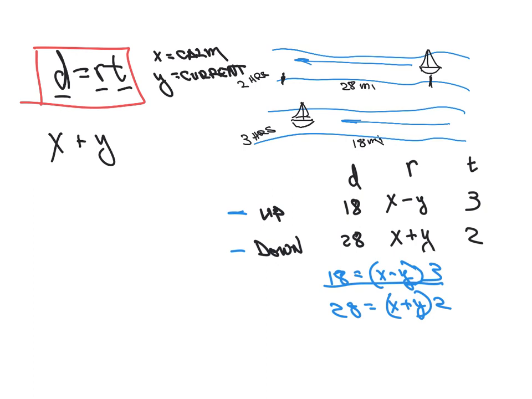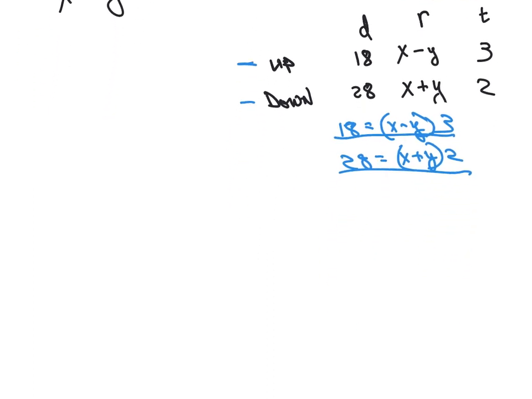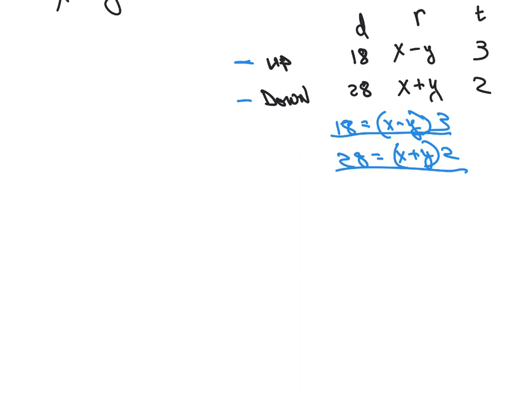Let's take both of these equations and move them to the left, and switch some things around. I'm going to put the 3 times (x minus y) on this side equals 18, and do the same with the bottom one, because I like to have the variables on the left and the numbers on the right.